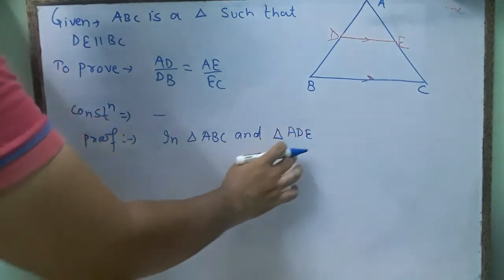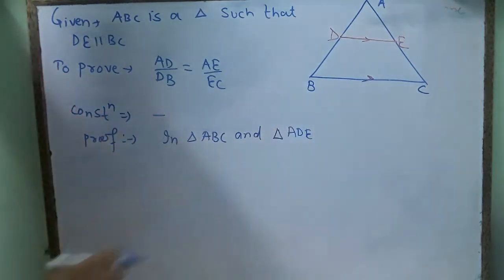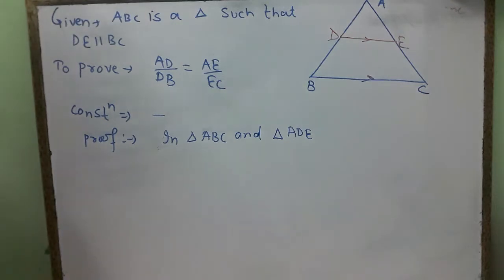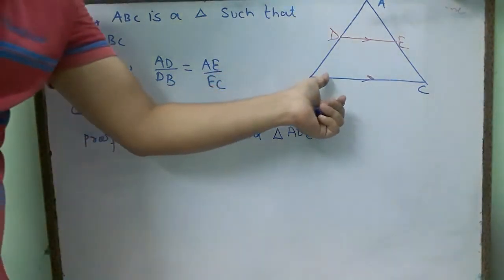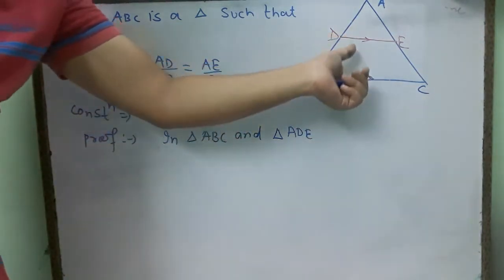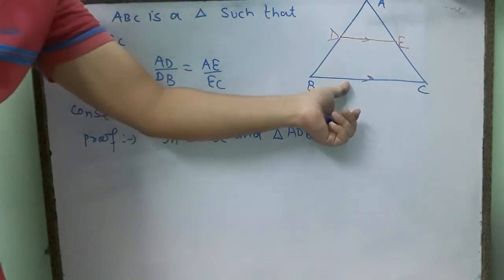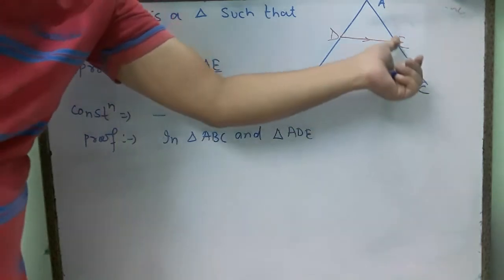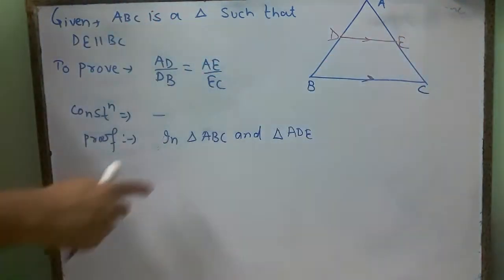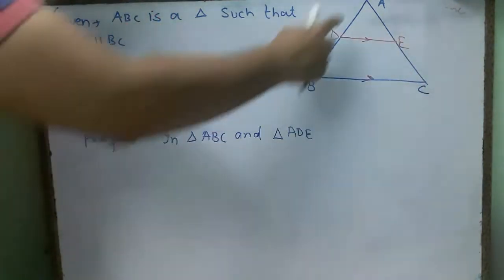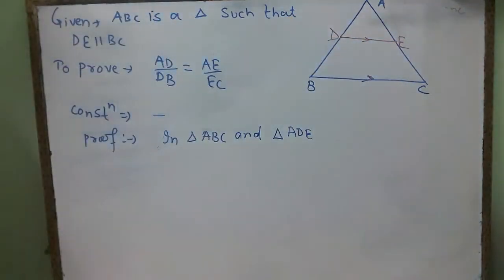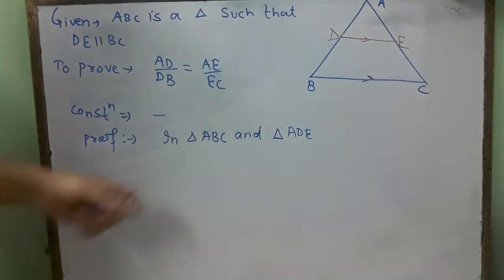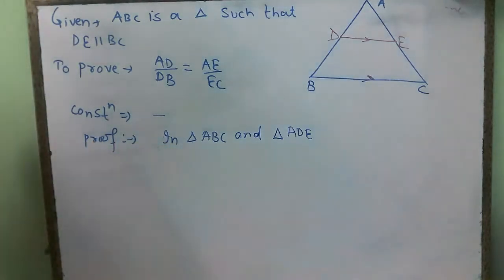Boys, the naming in the similarity process is very important. Here the corresponding of angle B is D, because DE is parallel to BC. That's why this angle will be equal to this angle and this angle will be equal to this angle. That's why I have taken ABC with ADE, not AED, because naming in the similarity process is very important, so you must take precaution while doing the naming.